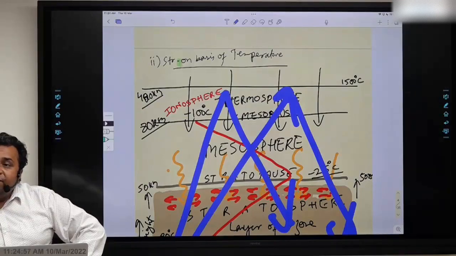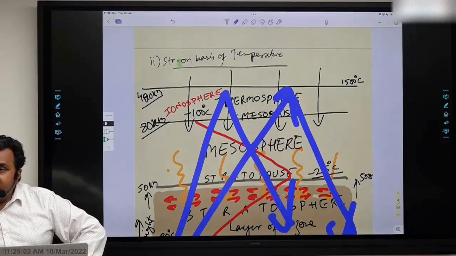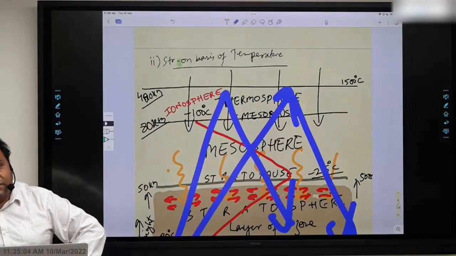Okay? And where is this phenomenon most prominent? In the polar region. This is observed in the polar region.